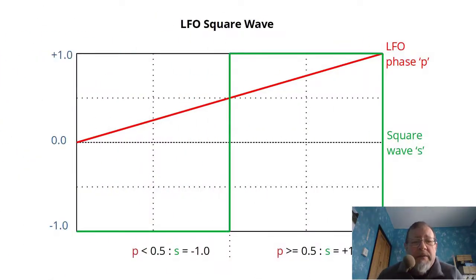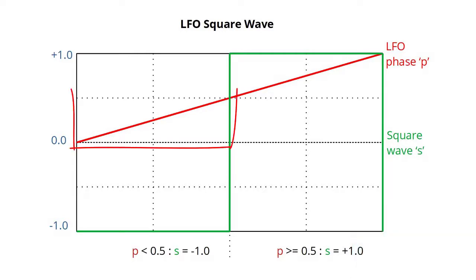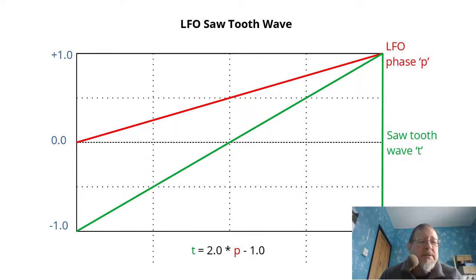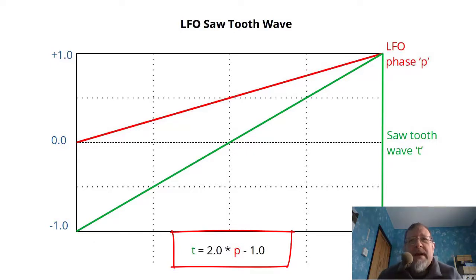The square wave, in green, is simply -1 or +1, depending on whether the phase is less than a half or greater than a half. And the sawtooth wave is calculated simply and directly from the phase value. If we want a descending sawtooth wave, we simply apply negative modulation, and we'll come to this.